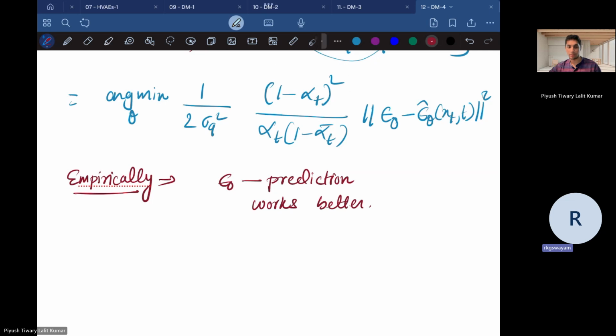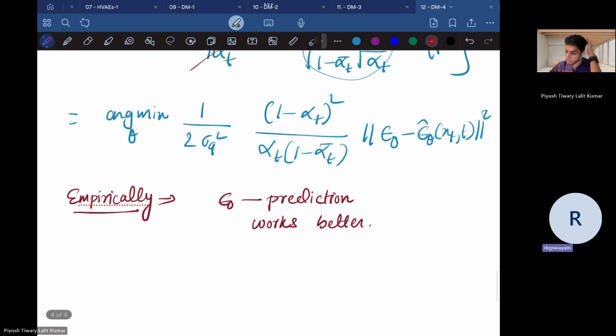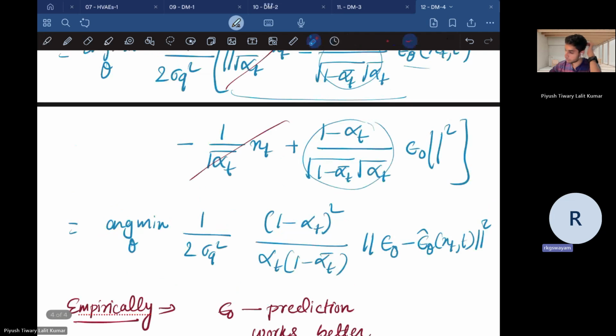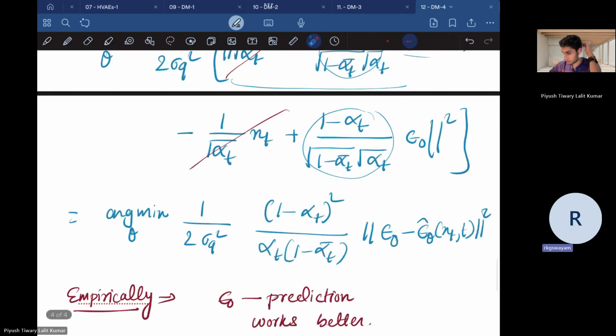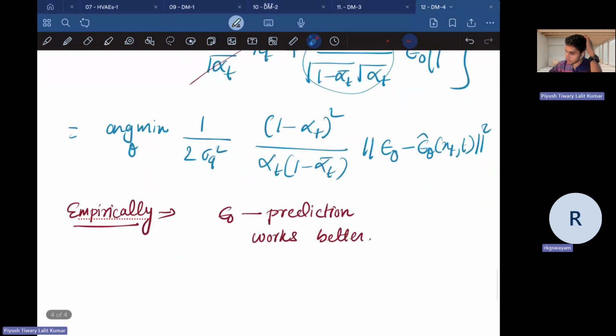Yes, can we further simplify this expression, because we know the value of sigma q square in terms of the alphas from the previous slide? Can we further simplify this loss function by putting in the value of sigma q square? I think you can.